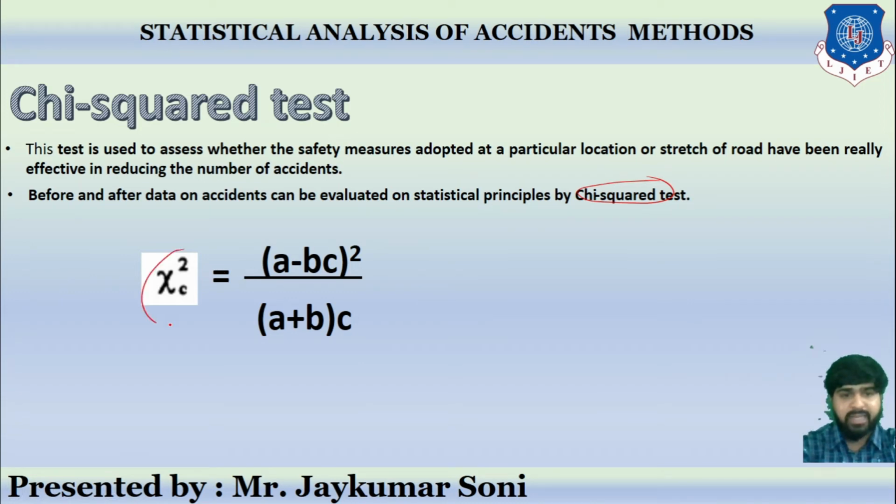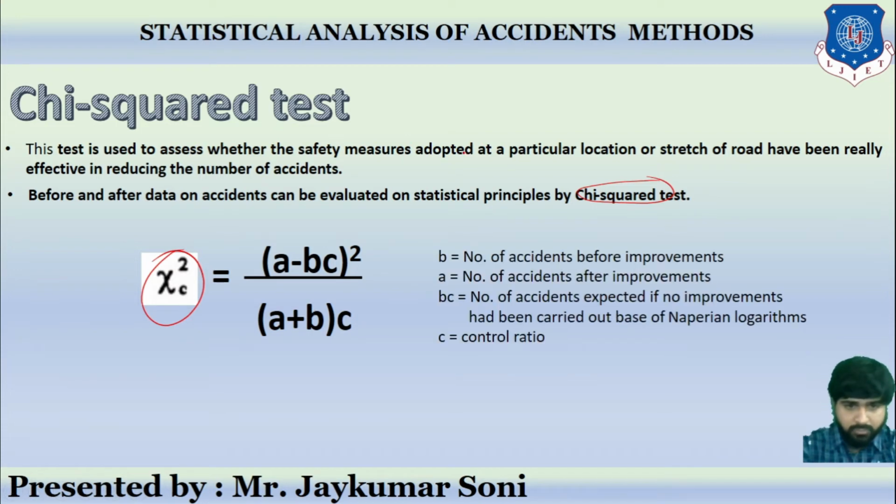See, this is chi-square equals (A minus BC) whole square by (A plus BC), where B stands for number of accidents before improvement, A stands for number of accidents after improvement.